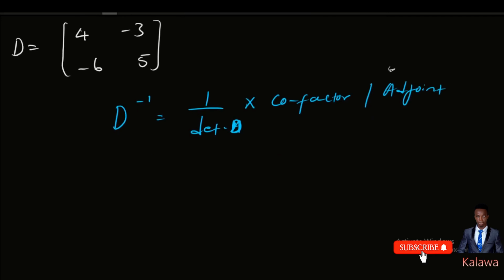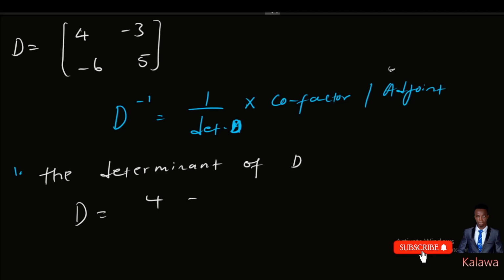Remember, the first step is saying we should first find the determinant. So rule 1, let us find the determinant of D. This is 4, minus 3, minus 6, and 5.